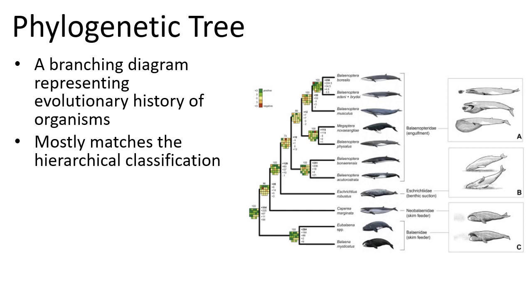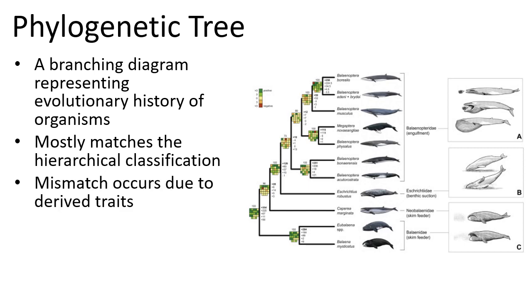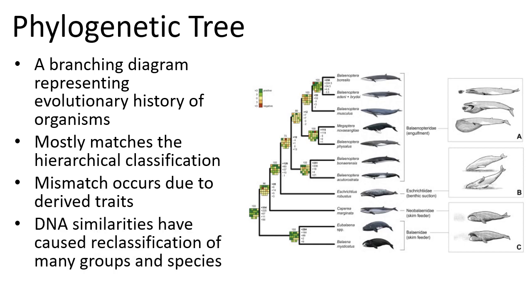It mostly matches the hierarchical classification that we talked about before, kingdom, phylum, class, order, but it can split things even more into even finer and smaller relationships. There is mismatch that sometimes occurs, usually due to derived traits, and DNA similarities have often caused us to reclassify our relationships among species and taxonomic groups.